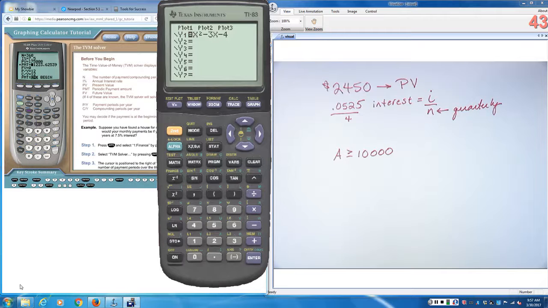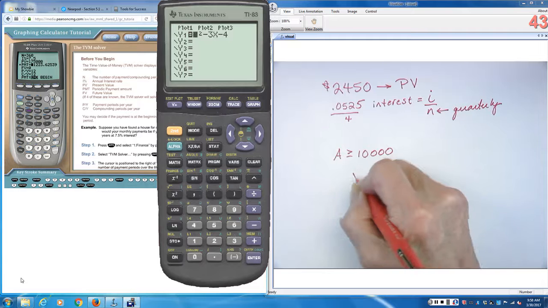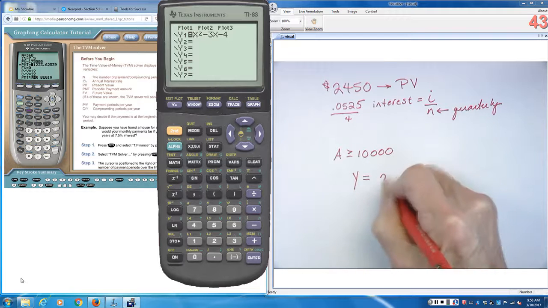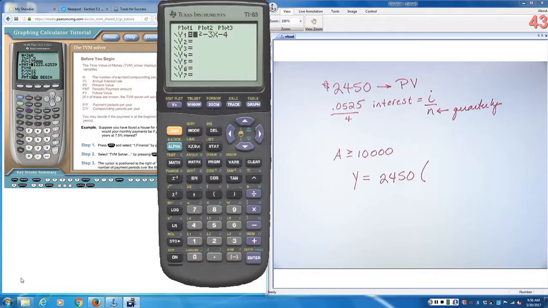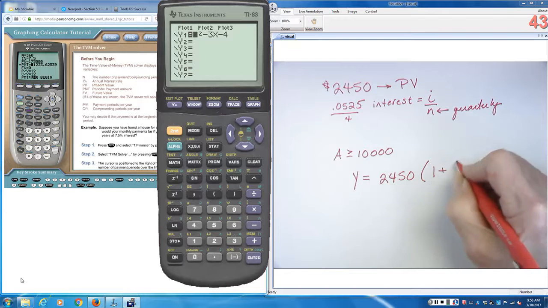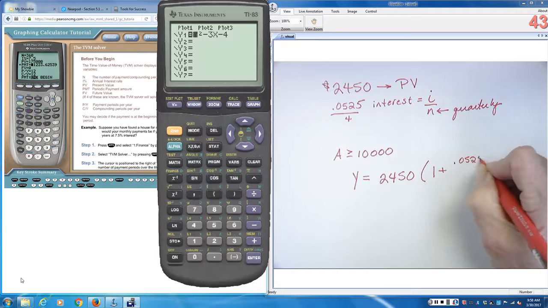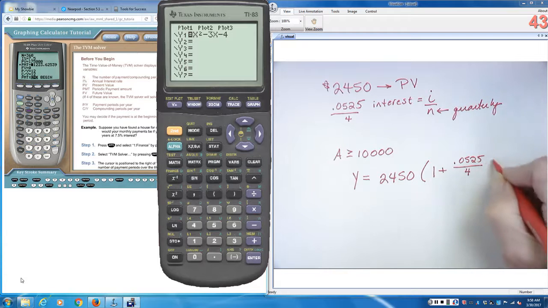So the way we're going to put that in the calculator is your present value is $2,450 times 1 plus the interest rate divided by 4, and that's going to be raised to the x power because that's the variable, that's what we don't know. We want to know how many compounds it's going to take for us to reach our goal.